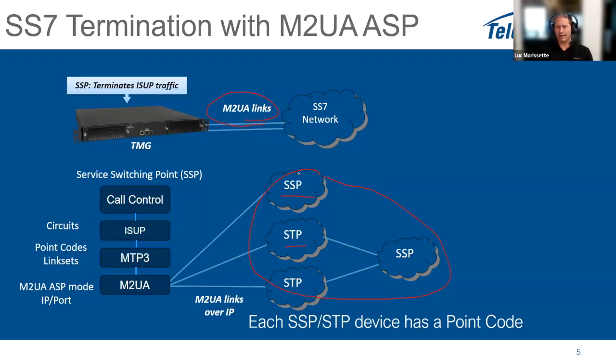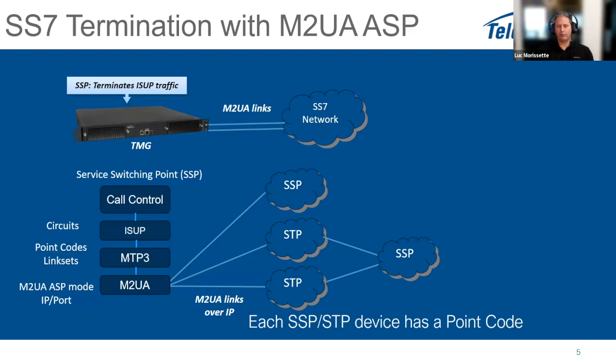But you have all these elements in the network, and instead of using TDM here, we use our M2UA links to connect to those systems. In an SS7 network like this, each element has its own point code. So we also need to have our own point code on the system. These are configured at the MTP3 level.